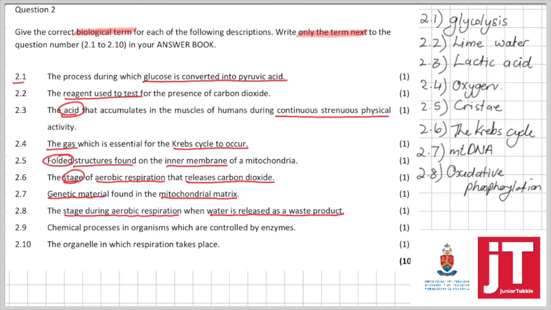Right, question 2.9. The chemical processes in organisms which are controlled by enzymes. All chemical processes, whether they be catabolic or anabolic, that means building up or breaking down, in all organisms can be referred to as the organism's metabolism.